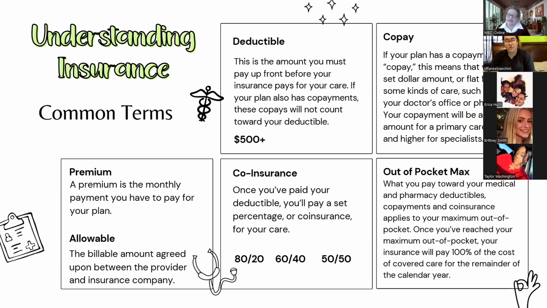I chose a surgeon that was not in my network, and I chose to pay that 50-50 instead of the 80-20. I could have paid a lot less for that surgery if I'd gone with an in-network doctor. I figured it was worth the price to be able to walk.